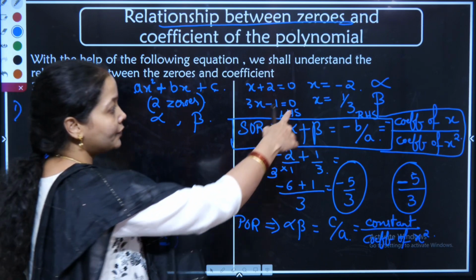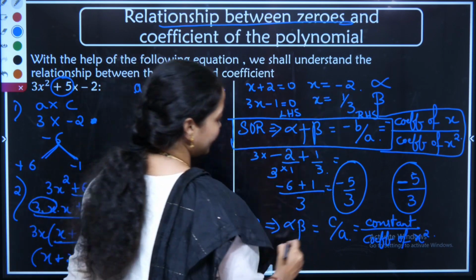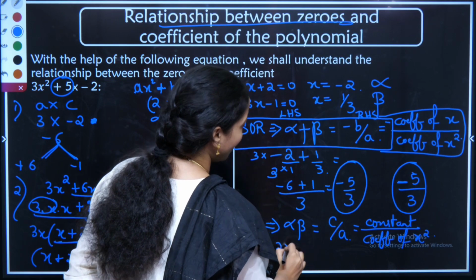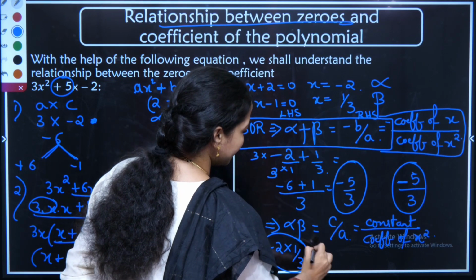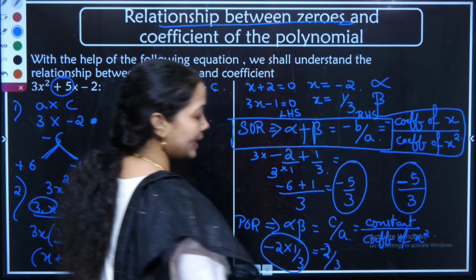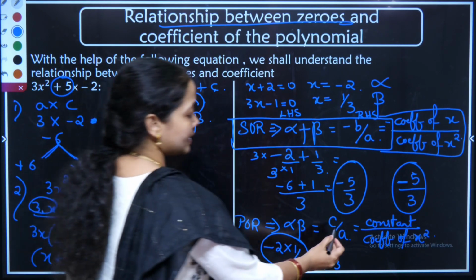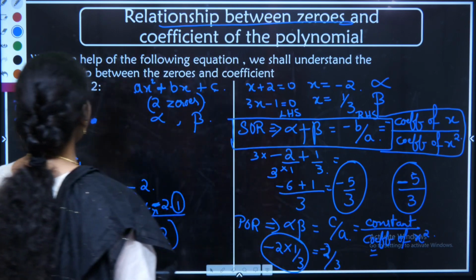So taking the example, what was my alpha from this equation? That is negative 2. What is beta? 1 by 3. So the product of these two is giving me negative 2 by 3. When I come to the RHS, it is c by a. So what is c from the equation?